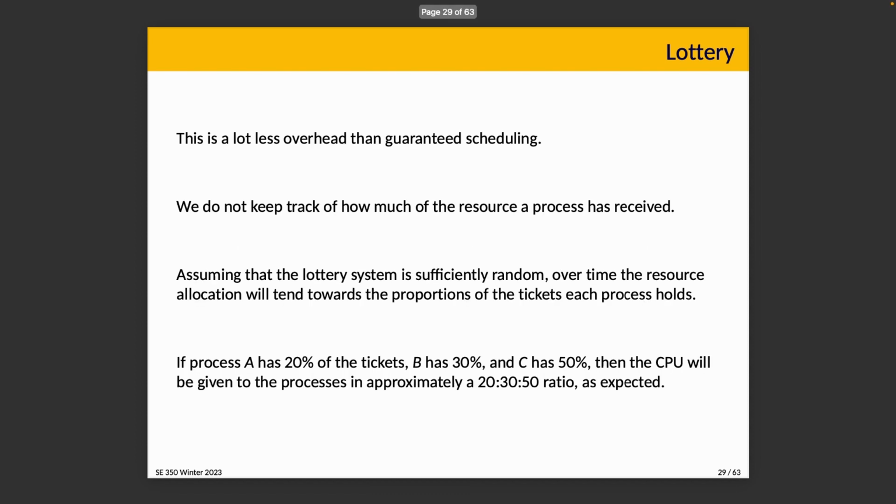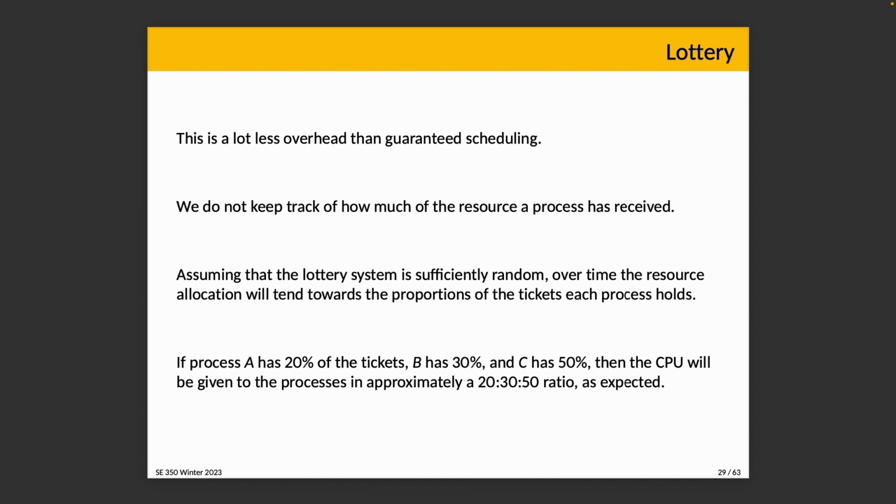Just a thought. Anyway, the lottery approach is generally much less overhead than guaranteed scheduling, although there is still a significant amount of work in assigning which processes get what and doing the random draw. It does prevent us from having to keep track of how much of a resource a particular process has received. All we care about is the current chance, and we roll the dice and see who wins.